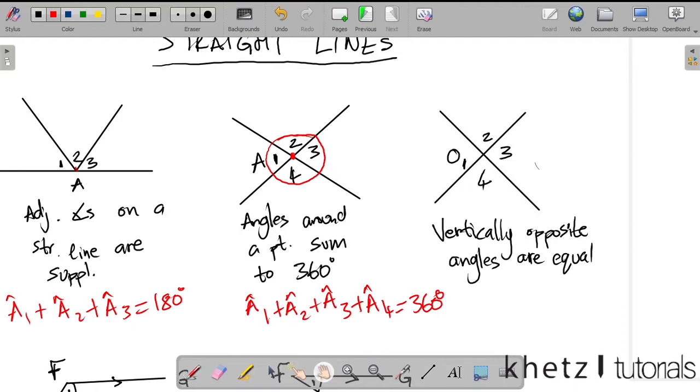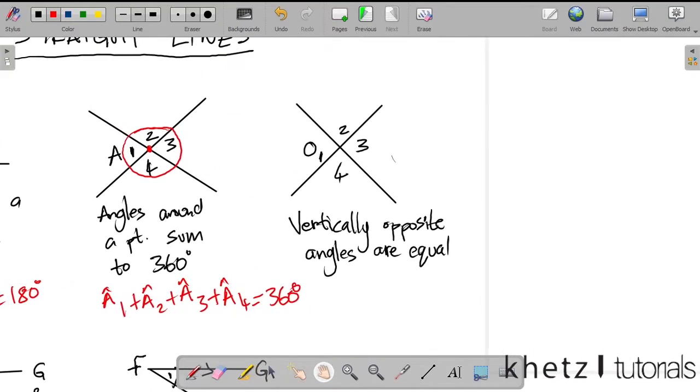Moving along to the third one, it says vertically opposite angles are equal. So now here are the vertically opposite angles. I'm just going to highlight them. So O1 is vertically opposite. Vertically opposite just means it faces it. So there's a point and these two face each other and these two face each other.